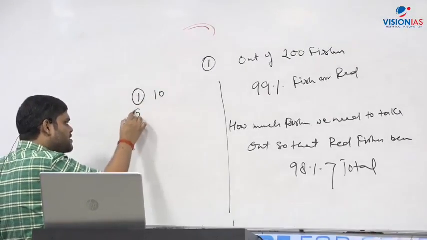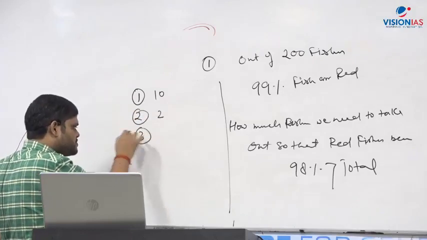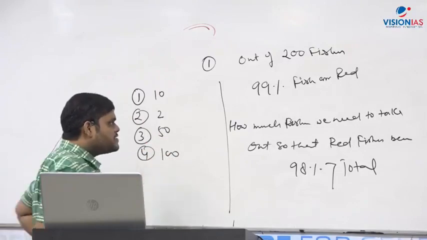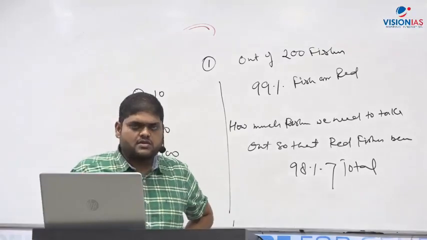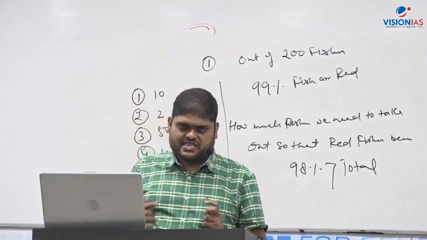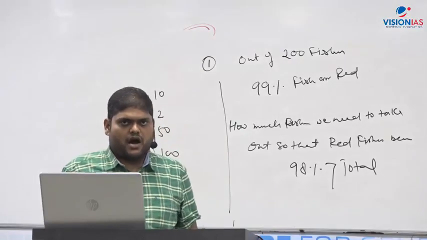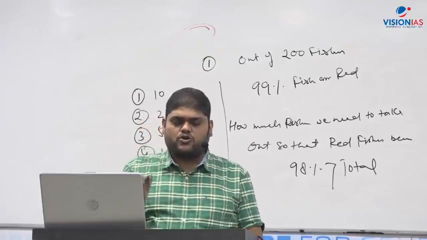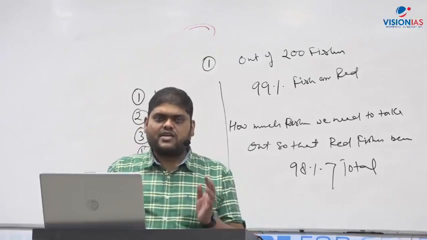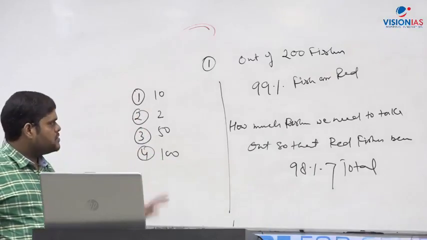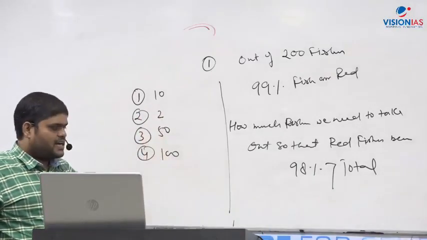Options are 10, 2, 50, 100. What is the question? Out of 200 fishes, 99% fish are red. How many fish we need to take out so that now the red fish become 98% of total? 10, 2, 50, 100.